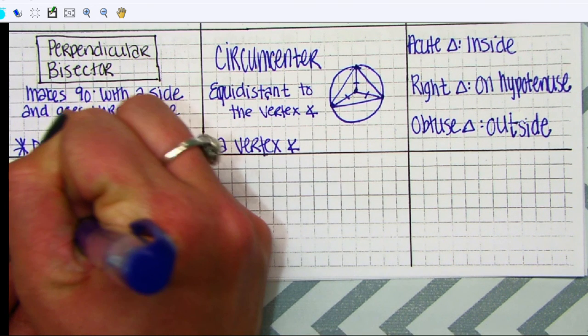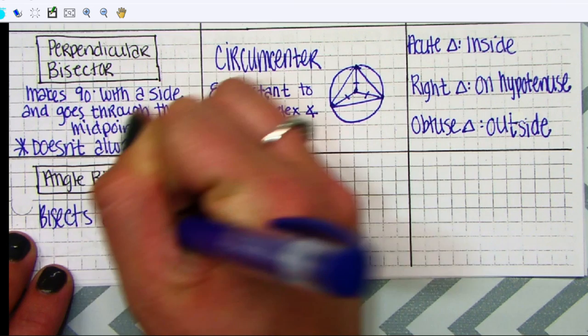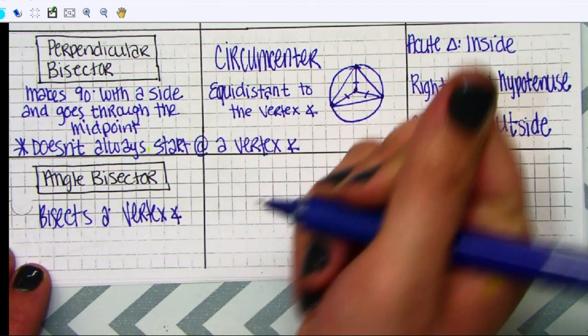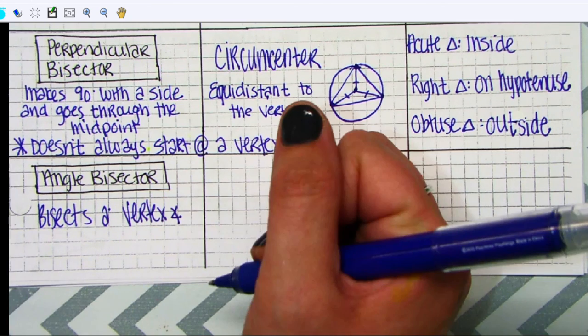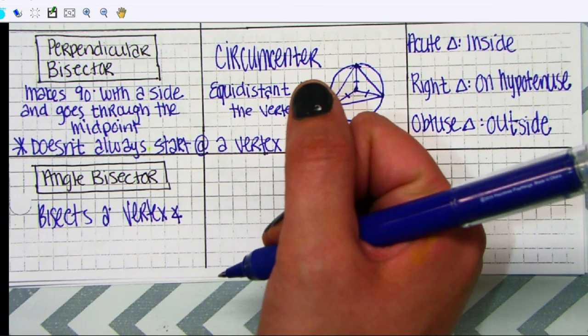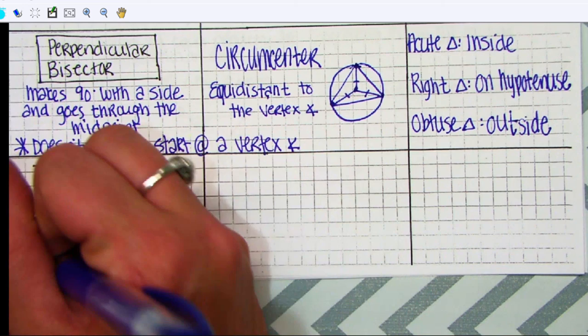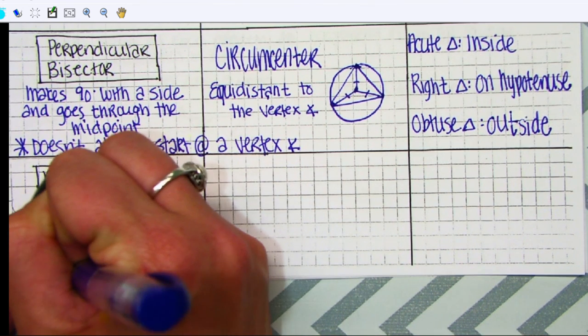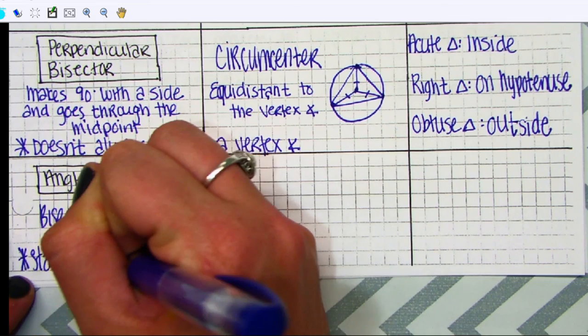All right. It bisects a vertex angle. The thing about angle bisectors is that they have to start at a vertex angle.